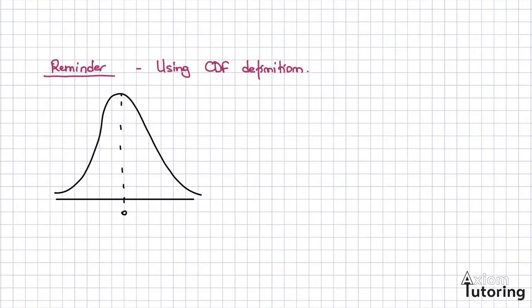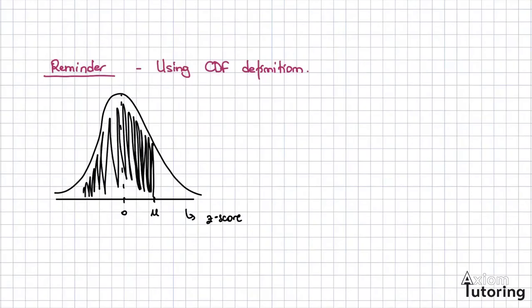If this is 0 and let's say this is a number value u that I am looking at on my z-score axis, then the CDF should tell me everything up until this point. So in the exercise that we saw, if my u is equal to 1, then F of 1 is literally the probability that I am looking at a value that is smaller or equal to 1.